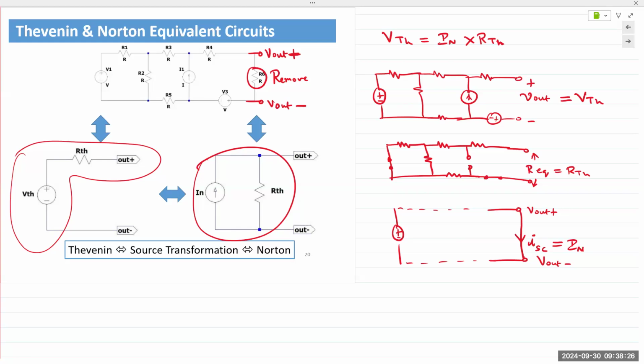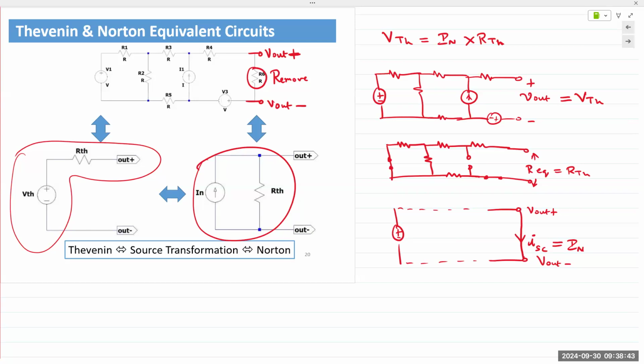But when you're an engineer working with a circuit, trying to find a Thevenin Norton equivalent as it relates to a component, the phrases "as seen by," "from the perspective of," or "the load" are all equivalent.